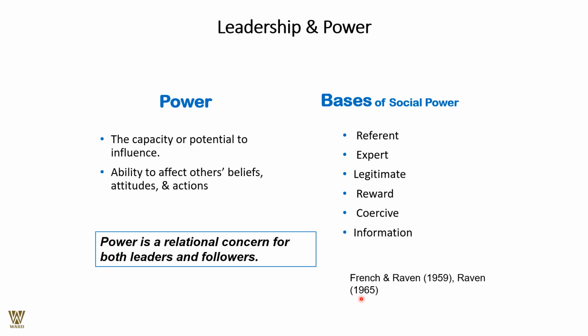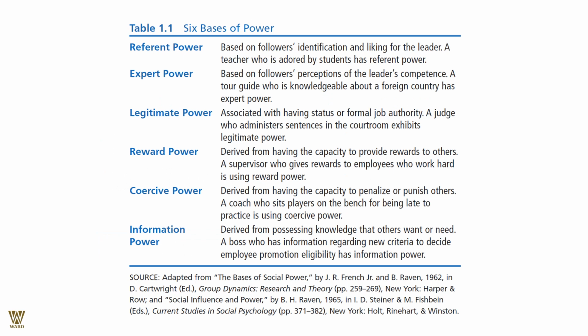Now, this has already been mentioned by Raven in 1965 and French and Raven in 1959. So six bases of power, we have been talking around it. It's the bases of social power by J.R. French and B. Raven way back in 1962, mentioned in Group Dynamics: Research and Theory.